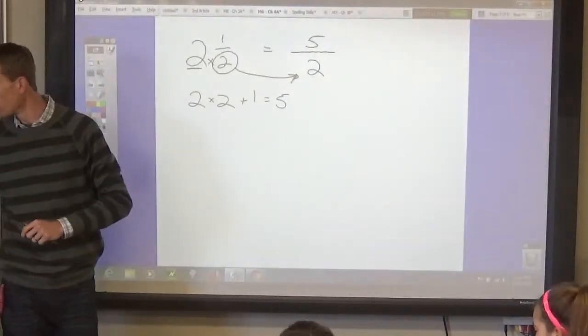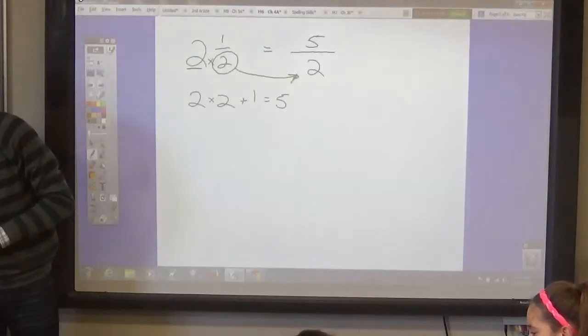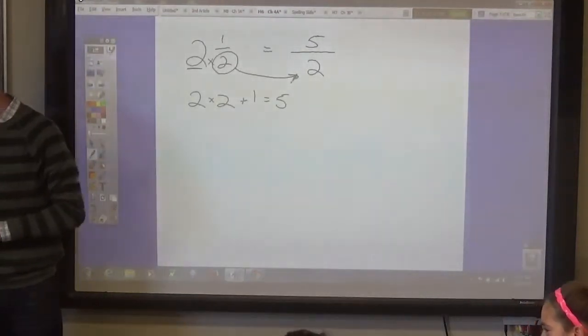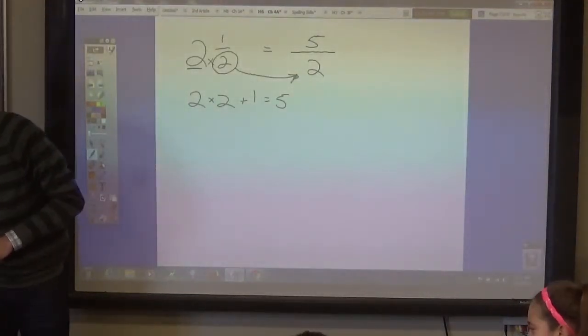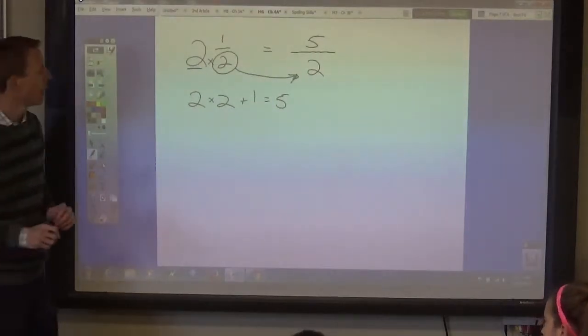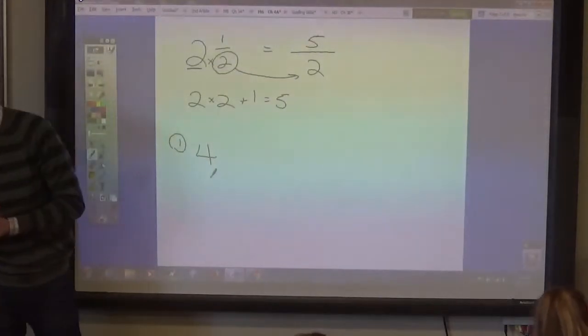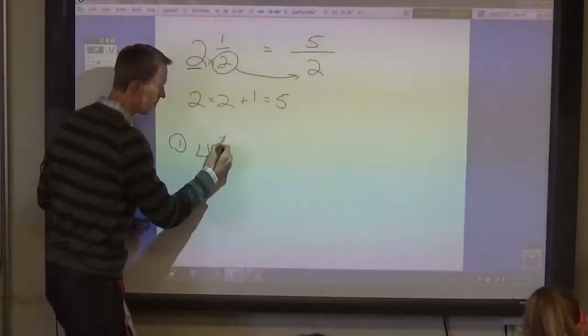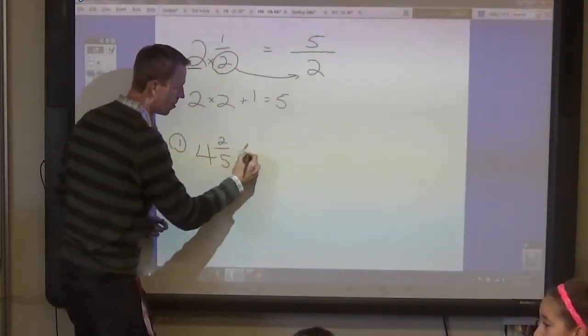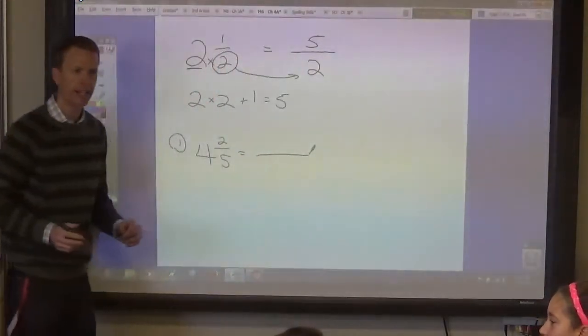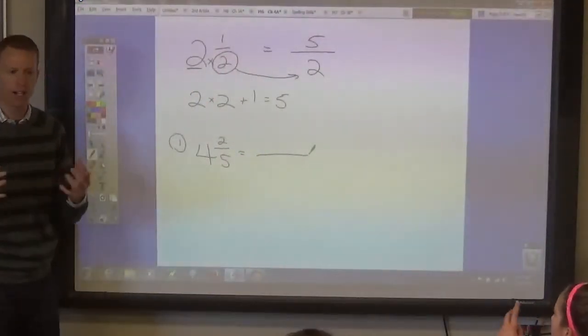So if you look at your worksheet, whoops, wrong one. And let's start with number 1, 4 and 2/5. Okay, so what number are we going to keep? What are we going to try to find?